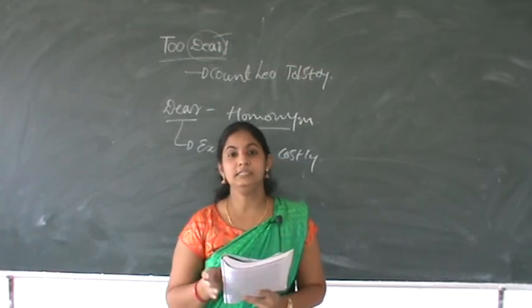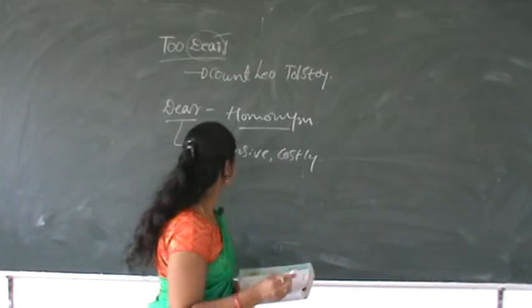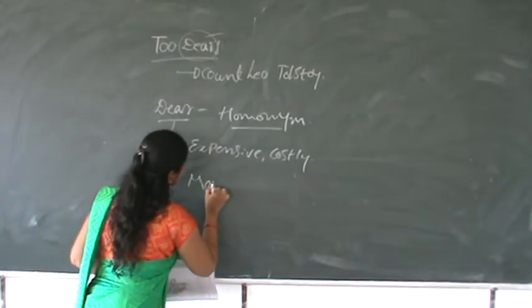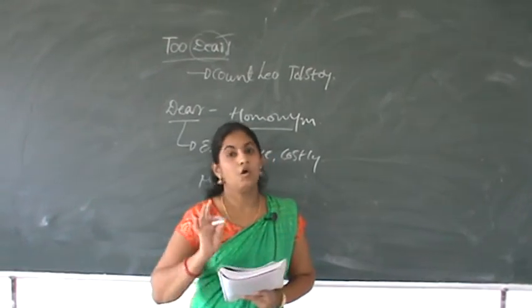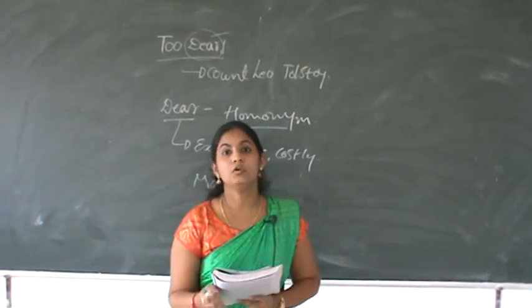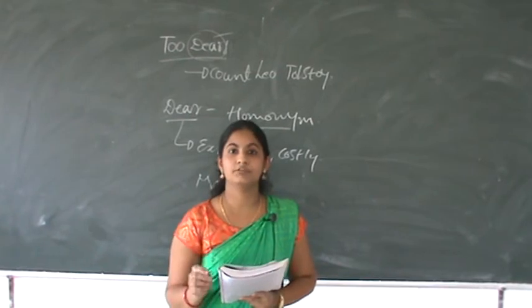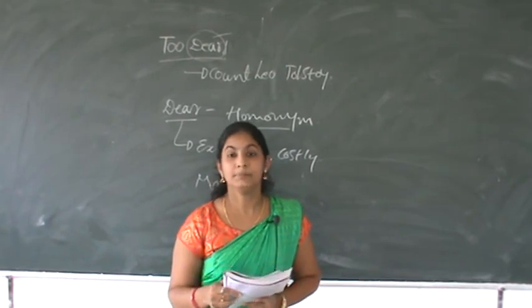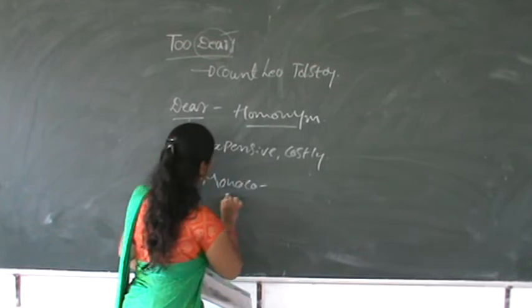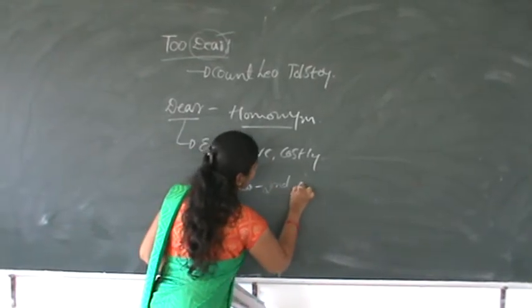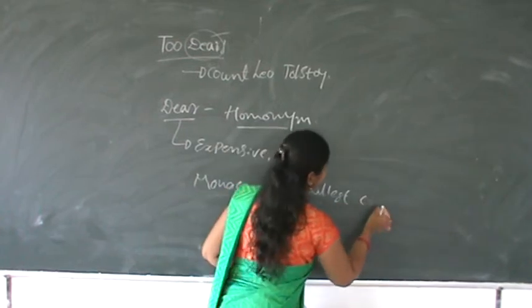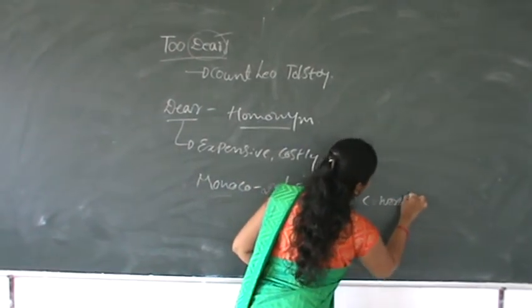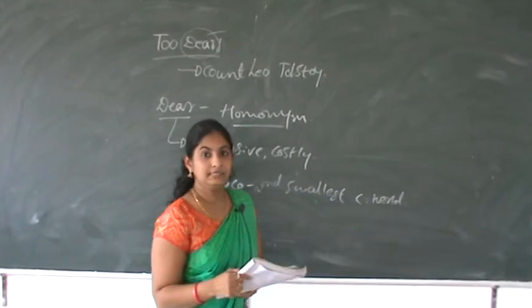Especially this country Monaco, the country called Monaco, it is the second smallest country all over the world. I think all of you know the first smallest country in the world is Vatican City, but here Monaco is the second smallest country in the world.